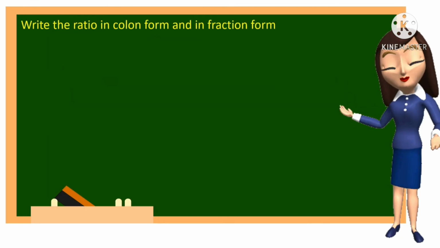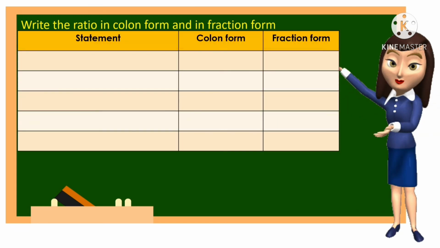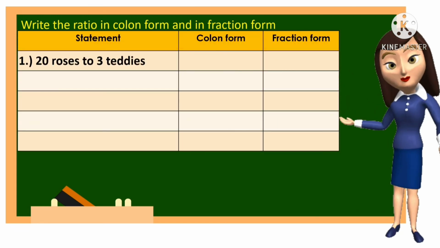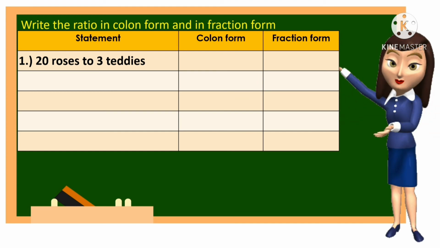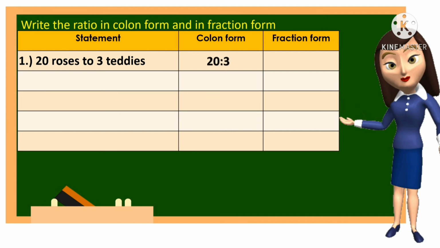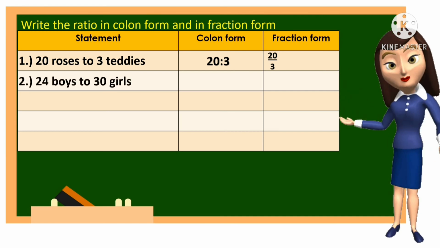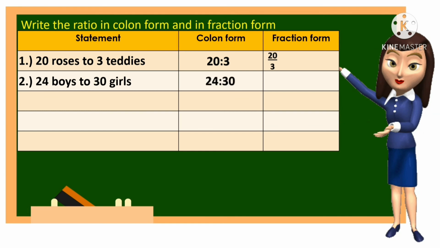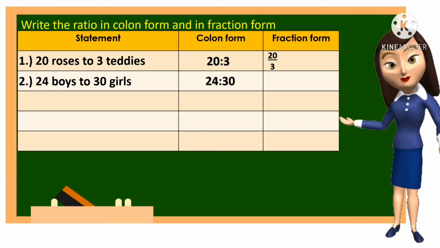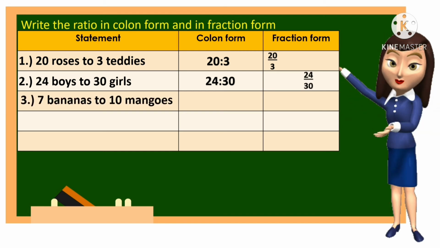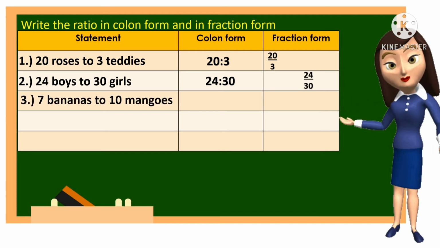Write the ratio in column form and in fraction form. 20 roses to 3 teddies. The answer, 20 is to 3. 24 boys to 30 girls. The answer, 24 is to 30. 24 over 30. 7 bananas to 10 mangoes.